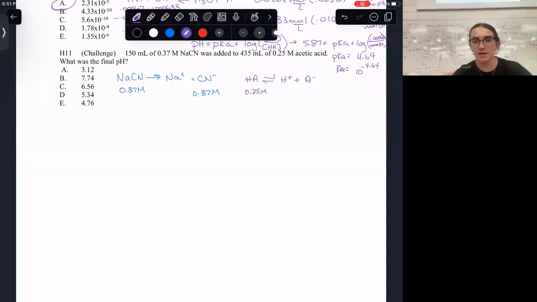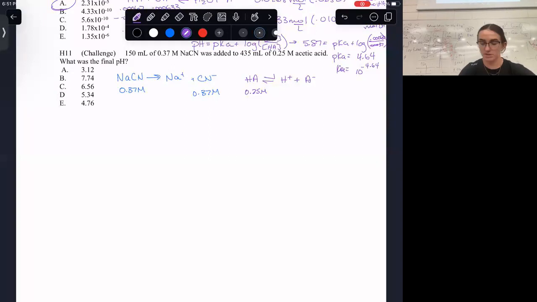We can just use our regular Ka formula. However, before we can use Ka in general, we have to take into account that these two things are being added. So we now have a change in concentration of what we have, right? We said for sodium cyanide all of this will go towards your concentration, but the concentration will change because we are adding volume from that weak acid that we're adding.